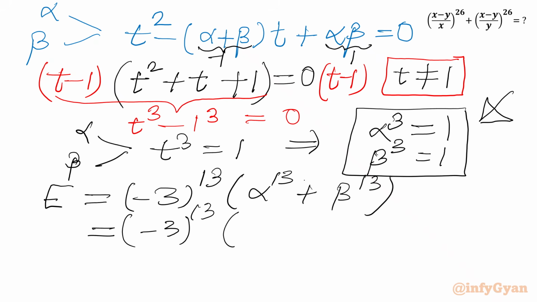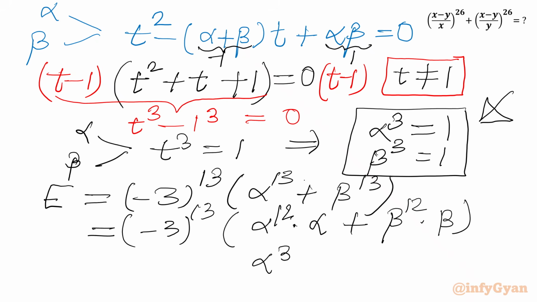Then we can write alpha power 13 as alpha power 12 times alpha plus beta power 12 times beta. Now alpha power 12 can be written as alpha cube whole power 4 times alpha plus beta power 12 will be beta cube whole power 4 times beta.